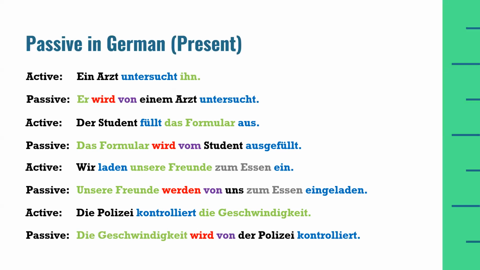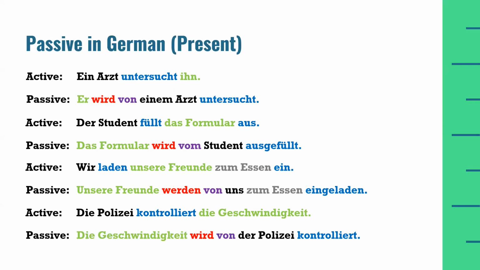So, die Geschwindigkeit remains die Geschwindigkeit because Geschwindigkeit is a feminine noun, and accusative case and nominative case both have the article die. So you don't see any difference, but there is one, because in the active sentence it is the object of the sentence, and in the passive sentence it is the subject of the sentence.